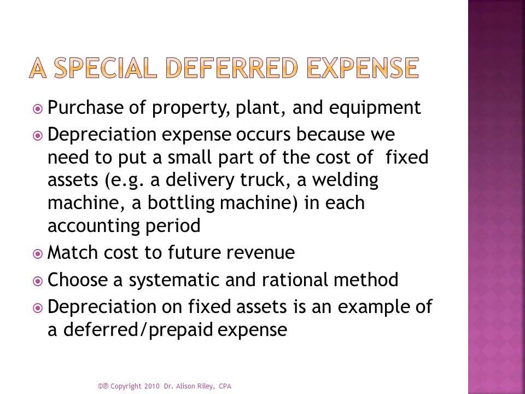One overwhelming matter of importance on this topic is that the objective of the depreciation process is to match the cost of these productive assets to the revenue that they help to generate. Our systematic and rational method of cost allocation will reflect the fact that different productive assets have different useful lives and that they contribute to revenue production in different patterns over time.